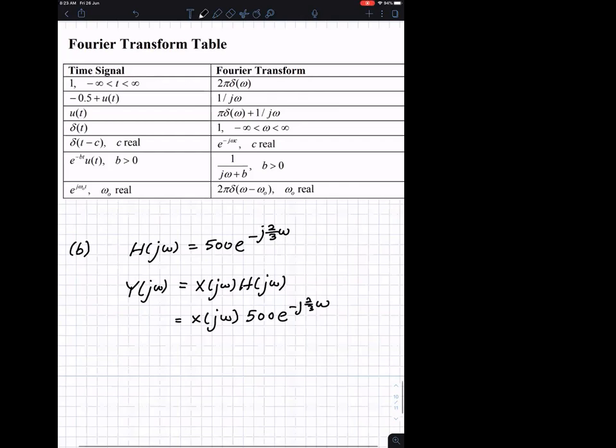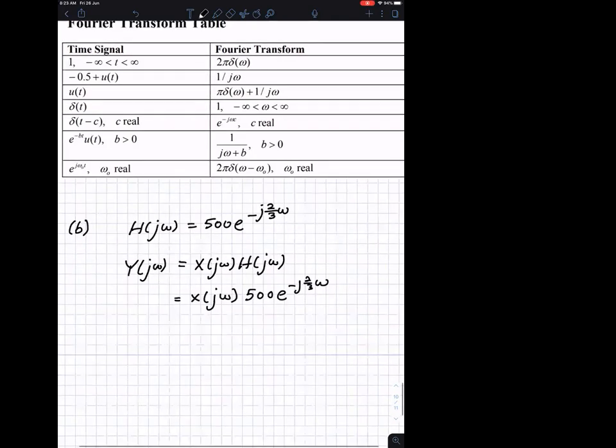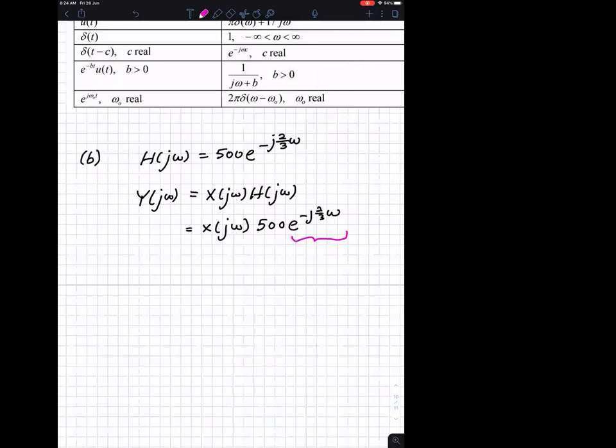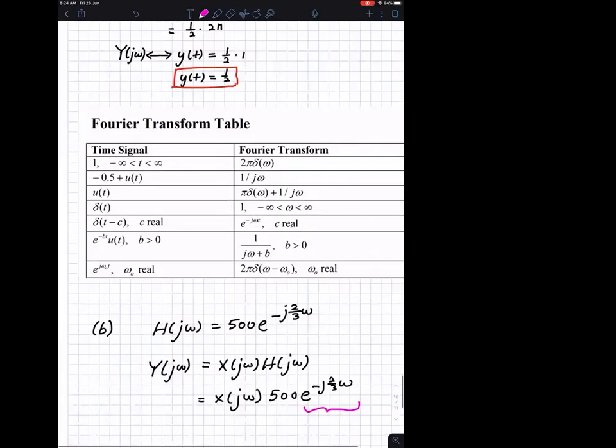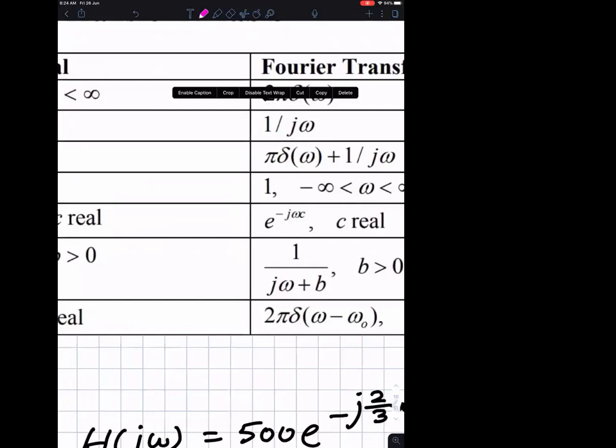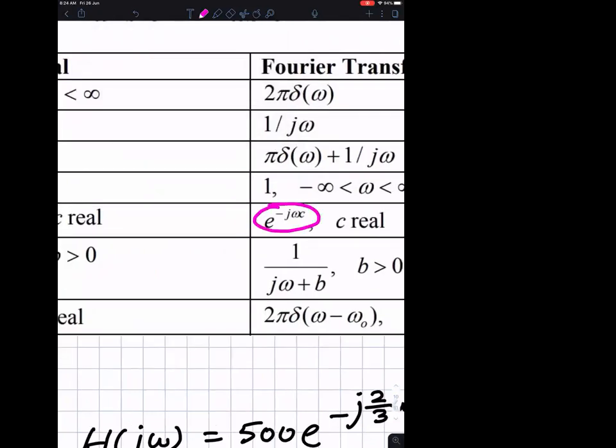So the inverse Fourier transform, what this part is doing is introducing a delay. You can see from this table here, look at this, e to the minus j omega c.